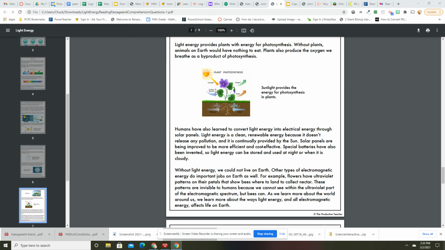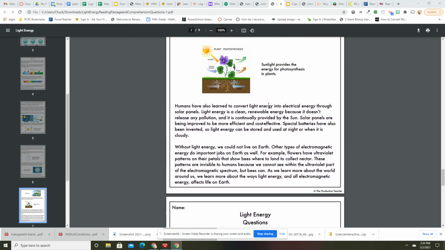The sunlight comes down and the leafy part of the plant uses that, and the carbon dioxide that we breathe out, they use that and the sunlight to create sugar, and that's what they use to get their energy from. And when they do photosynthesis, the gas they produce is oxygen, so it's a win-win for both of us.